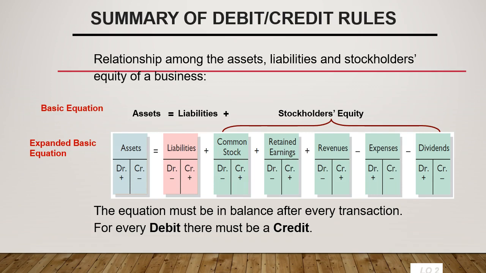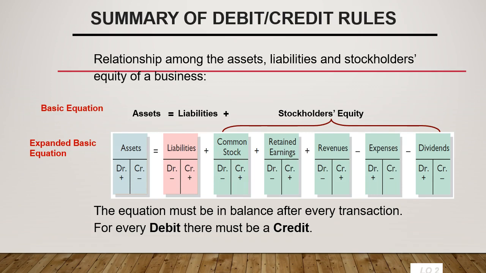First, let's focus on the accounts that always increase on the debit side. You ready? Write this down. The mnemonic is called DADE. D-A-D-E. DADE shows the types of accounts that will always increase on the debit side.